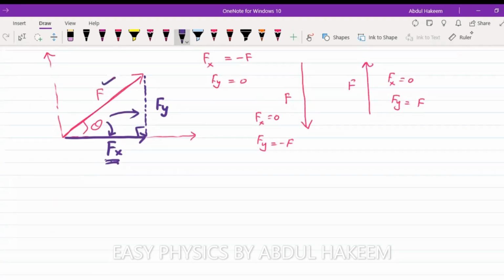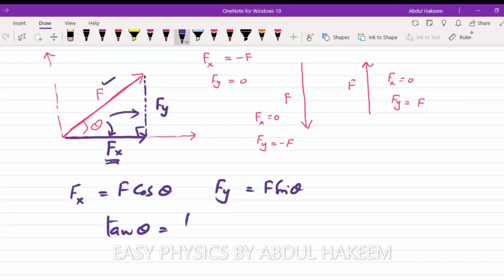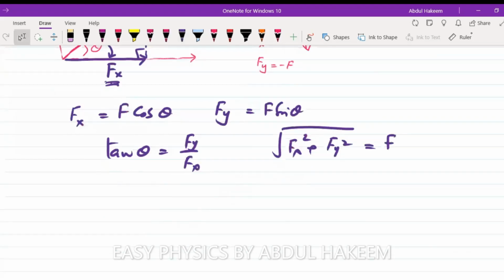Now, the formulas you have to remember: Fx is equal to F cos theta, Fy is equal to F sine theta, and then tan theta is equal to Fy over Fx, and Fx squared plus Fy squared, all under root, is the magnitude of the vector F. So a vector is a physical quantity which has magnitude, unit, and direction.